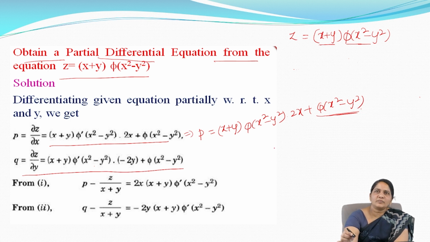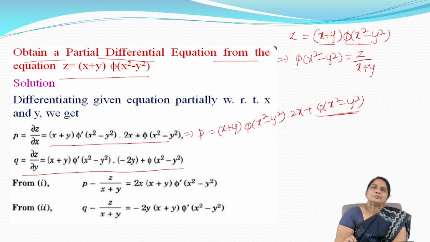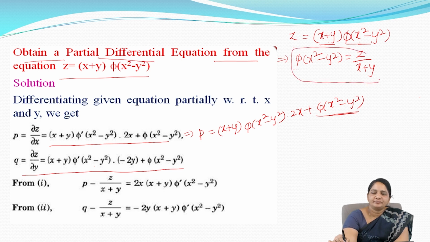Already in the equation I have z equal to (x+y) into φ(x²−y²). From this, I can write φ(x²−y²) equal to z by (x+y). So I am going to replace this value in the equations I got before.